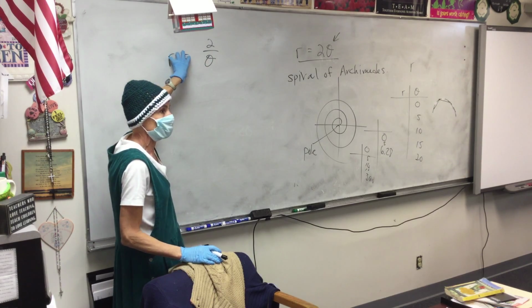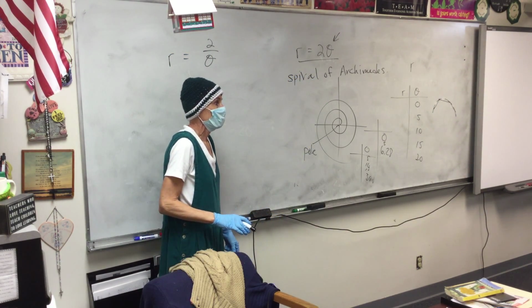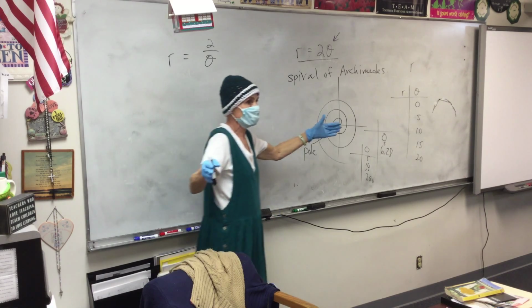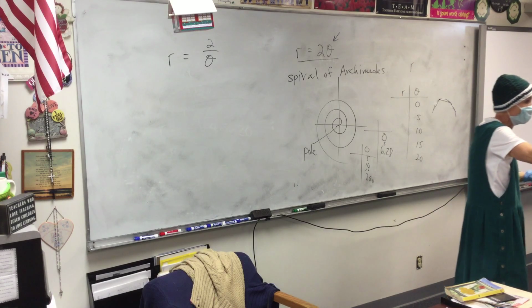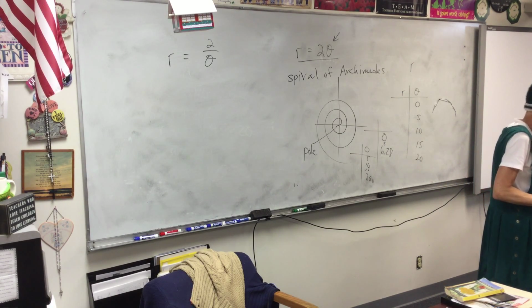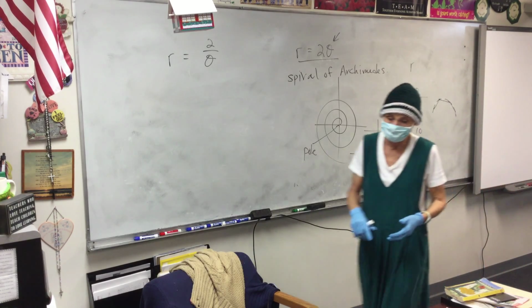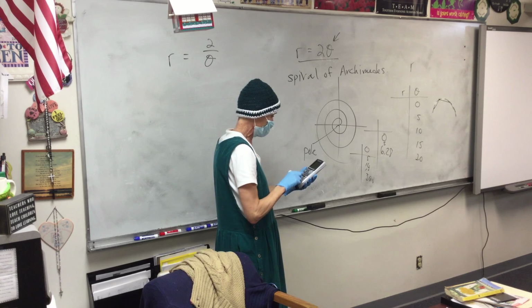What is happening to your R values? Are they getting bigger like they were over here? No. So your X's and Y's are not going to be big numbers. Your X's and Y's are going to be little tiny numbers. Little tiny numbers. So make some adjustments, play around with it, and tell me if you can get a spiral.